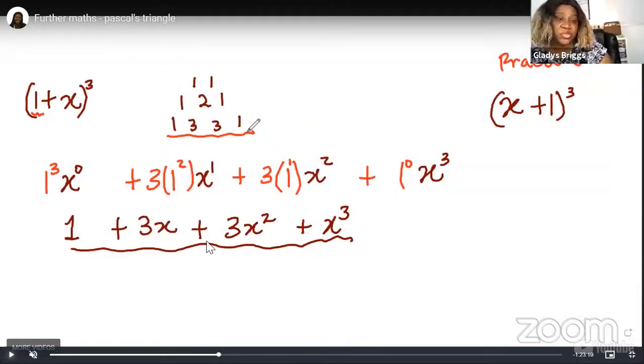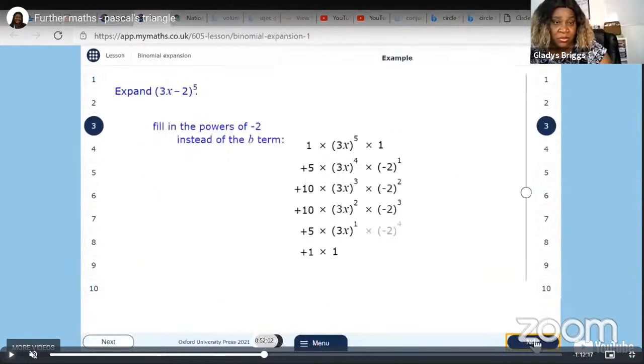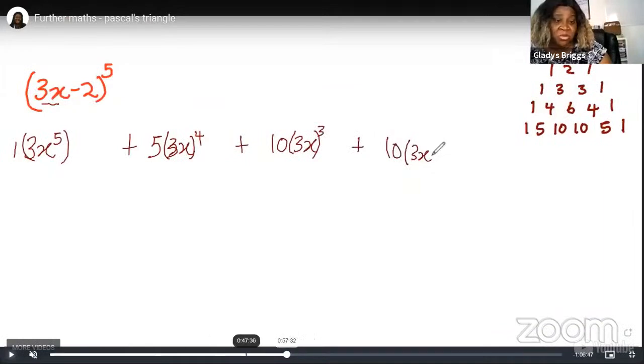Okay, so you should know how to do this one and the other one. We had a look at the negative one as well. And we had a look at some of them that were a little bit more complex.